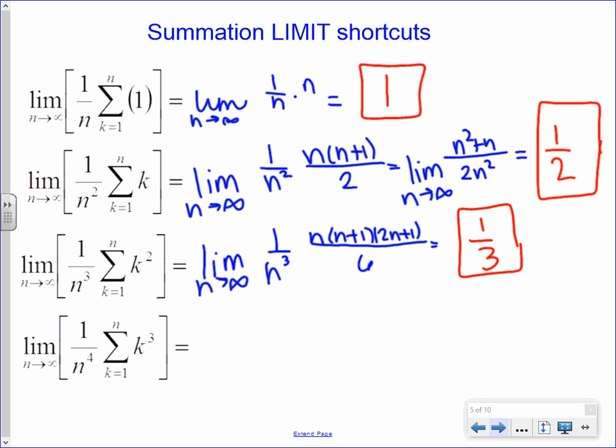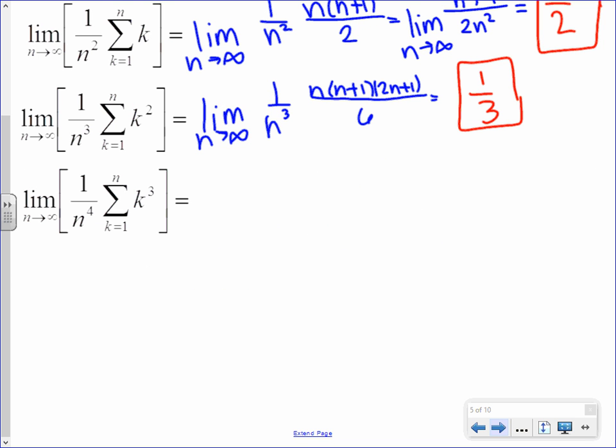Interesting. Any guesses of what this limit's gonna be? 1/4. Let's see, write it down. So we have the limit as n approaches infinity of 1 over n to the 4th, closed form of the sum of 1 to n of k cubed, times the quantity n plus 1 over 2, all squared.